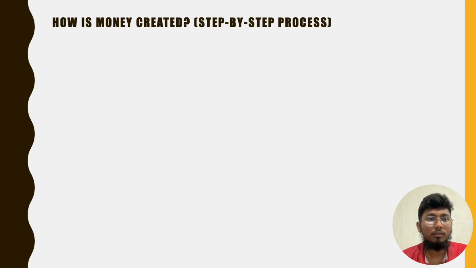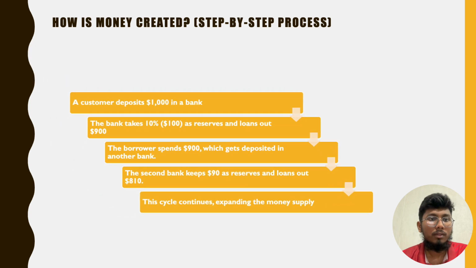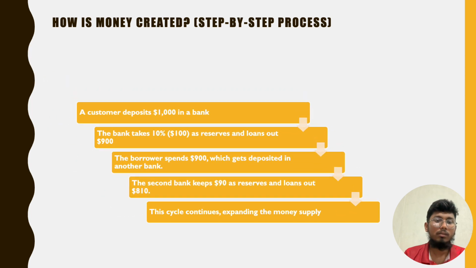Previously we have taken an example about the money multiplier, and we will try to understand the example step by step. A customer deposits $1,000 in a bank. The bank takes 10% as reserve and loans out $900.